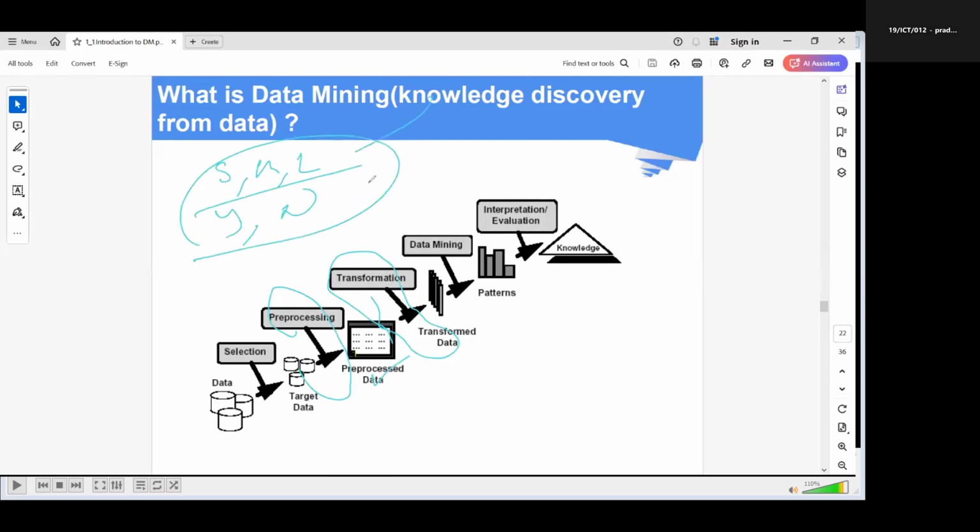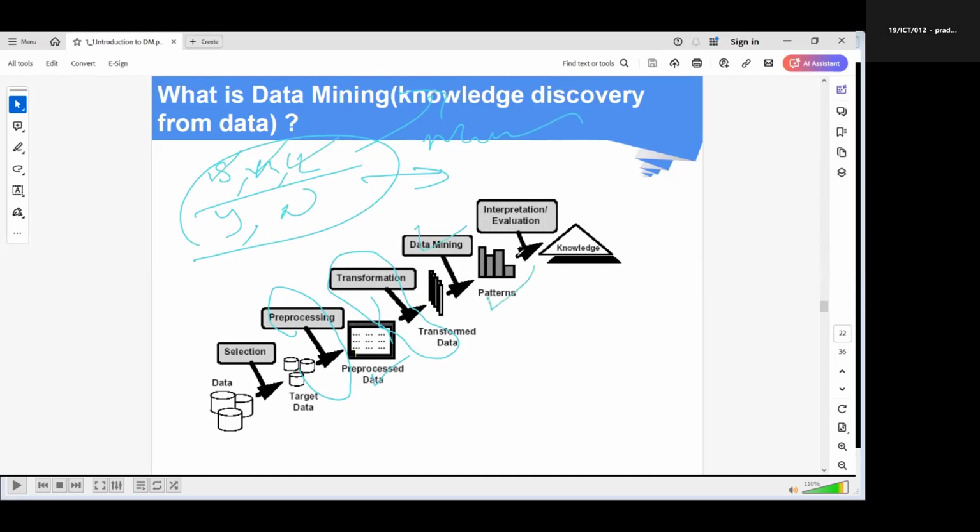Then we need to convert this data into numerical forms, like 0, 1. That is what we call transformation of data, because by using categorical data, we cannot apply data mining. So definitely we need to convert this data into numeric forms. Then only we can apply the data mining.